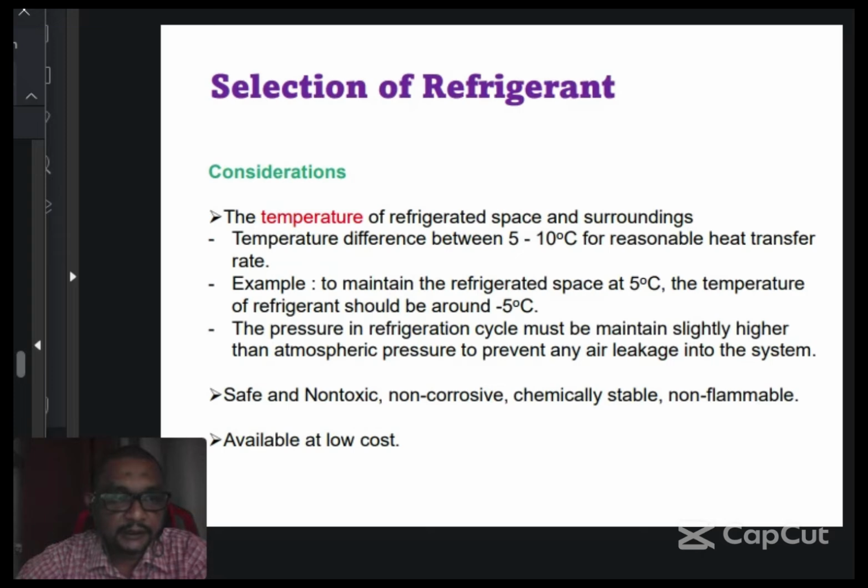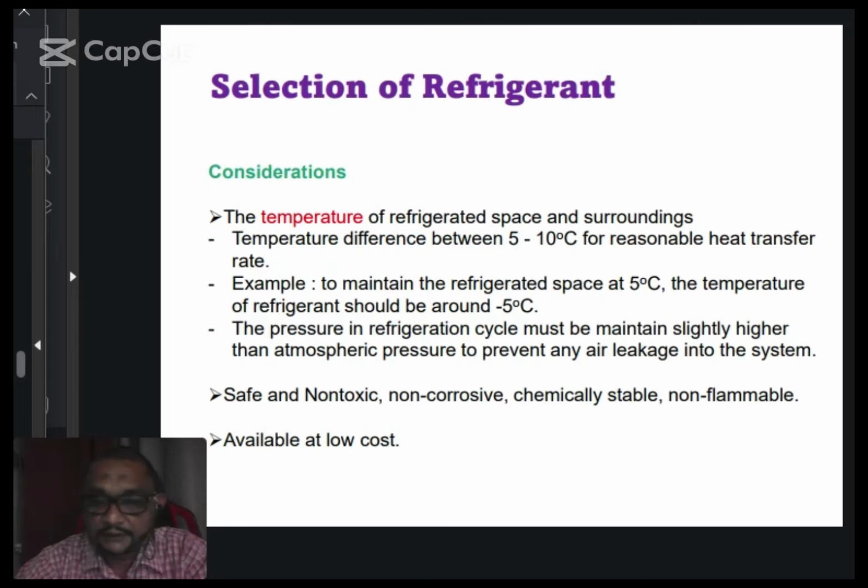The temperature is one of the important parameters to be considered, because the temperature deals with two media. Number one, it deals with the refrigerated space, and also the environment space. That is one of the important parameters you have to consider.